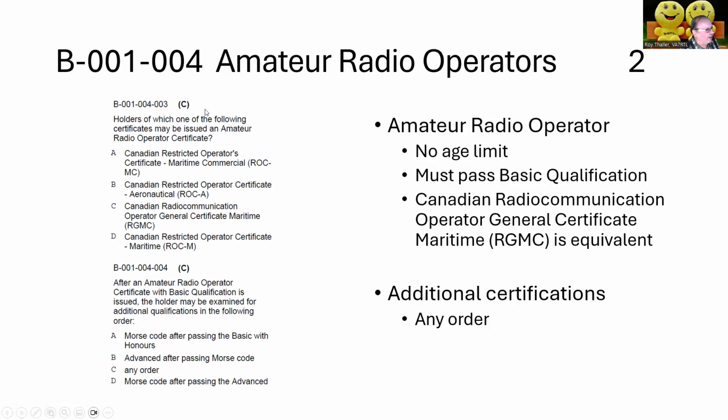If you look here, the only one is the Canadian Radio Communication Operator General Certificate Maritime. If you have that certificate, then you can get an amateur radio operator certificate. Then the next question is, in what order can you obtain your additional certificates? You can get them in any order: advanced or Morse code after you get the basic, or you can do the basic with honors, but you can do them in any order after you get your basic qualification.